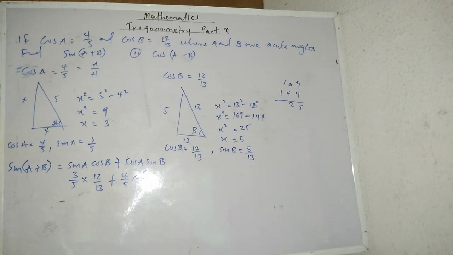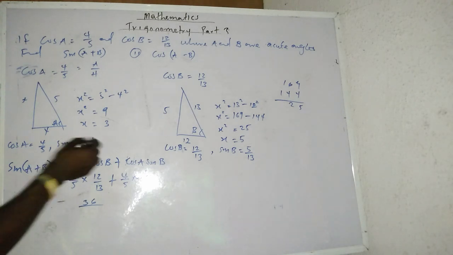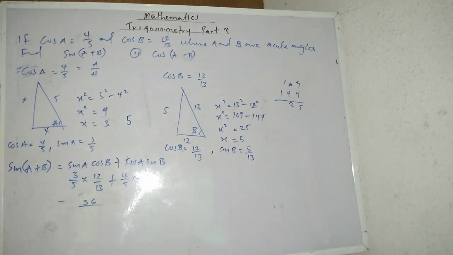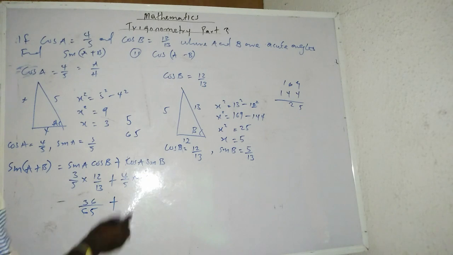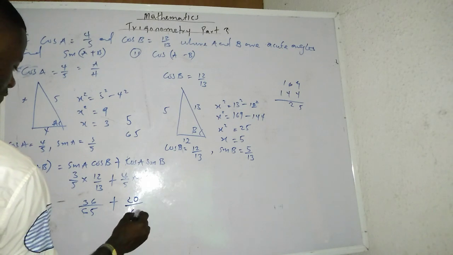Now, I can multiply and perform my little operation. 12 times 3 is 36, all over 5 times 13, which is 65. Then plus 4 times 5, which is 20, all over 65.